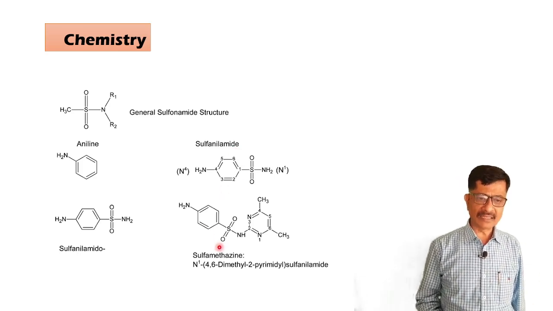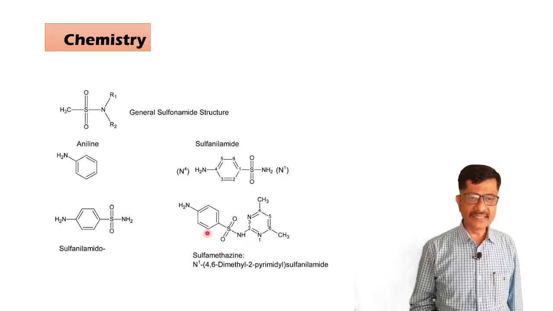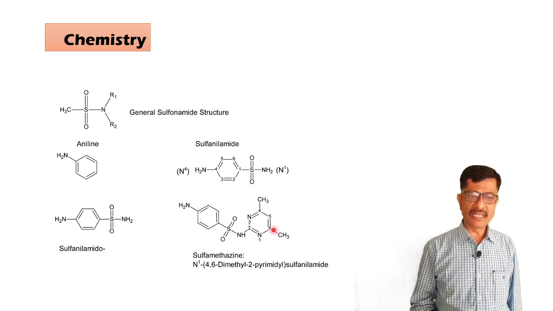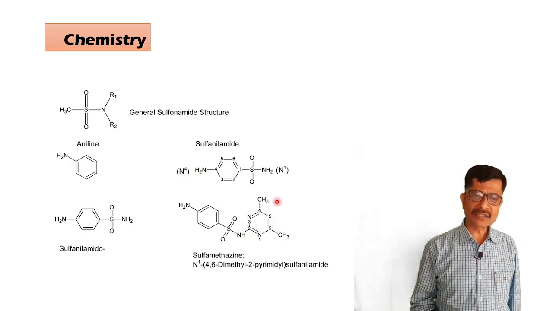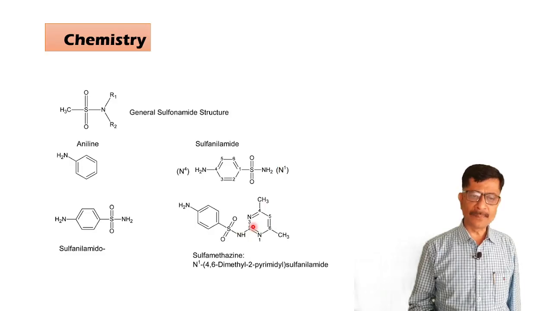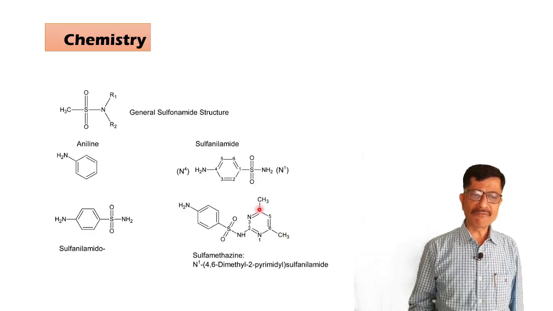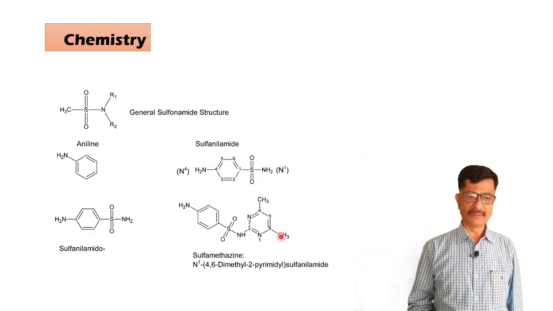Now this is one, sulfamethazine. Look at the structure of sulfamethazine, where there is a pyrimidine ring attached to N1 at its second position, and this pyrimidine ring is substituted with two methyl groups at the 4 and 6 positions.